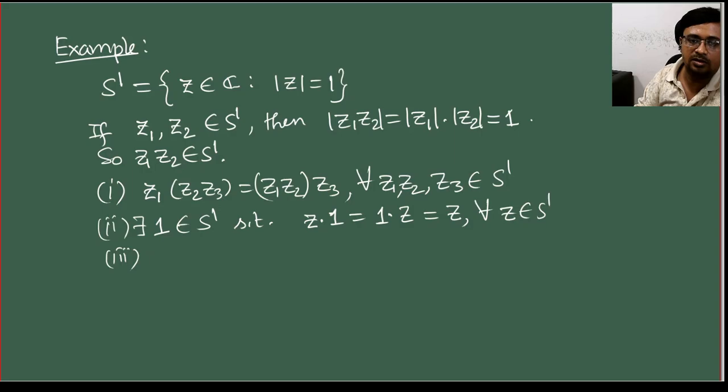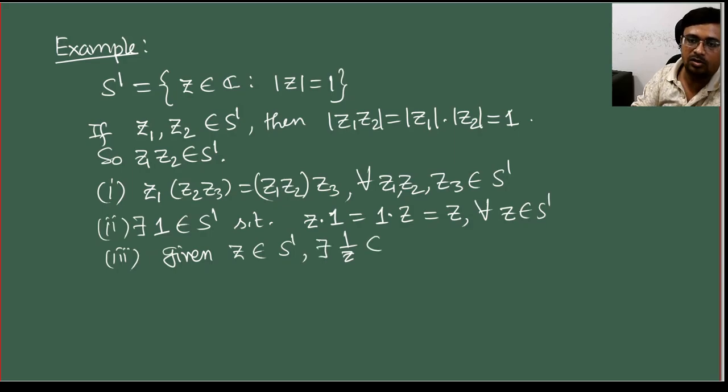The third property is that given z belonging to S1, there is 1 by z. Since mod z is 1, z is non-zero in particular, so 1 by z exists, and it also has modulus 1.